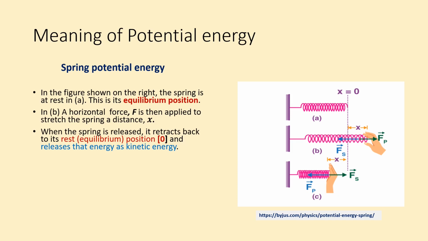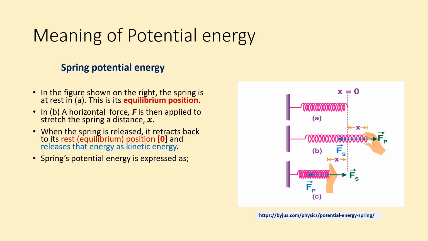If you look back at that dotted line at x equals 0, it's approximately the same distance x as the initial distance that you stretched it out to, right? So you're compressing it at distance x, and then when you stop applying that compressing force, our restoring spring force Fs, now in green down there, restores the spring back to its equilibrium position.